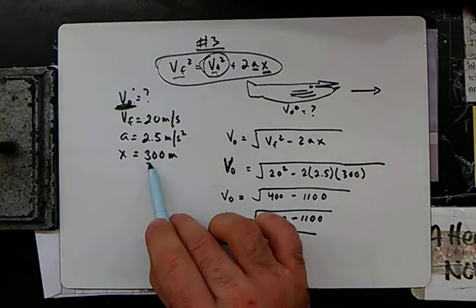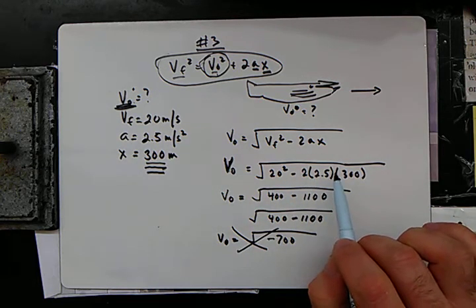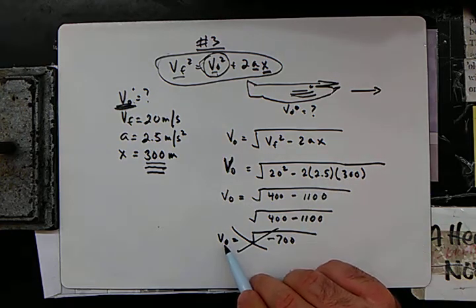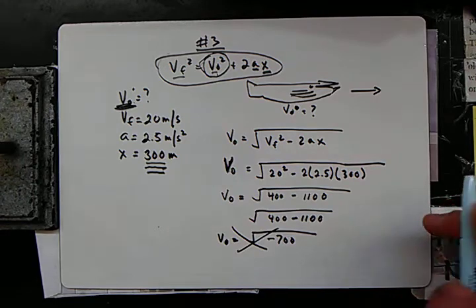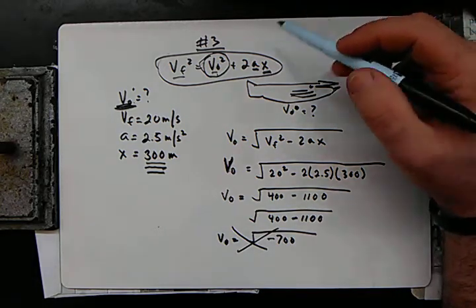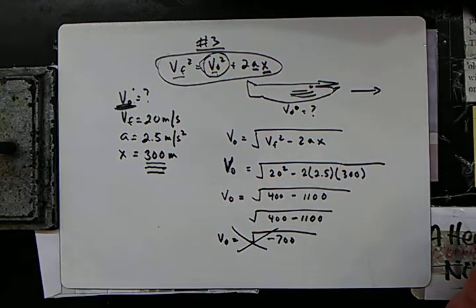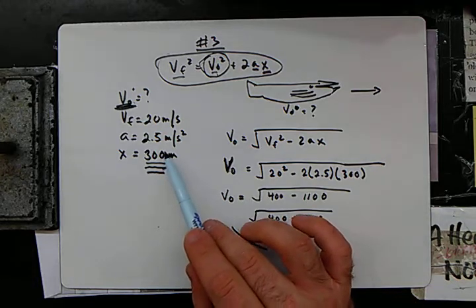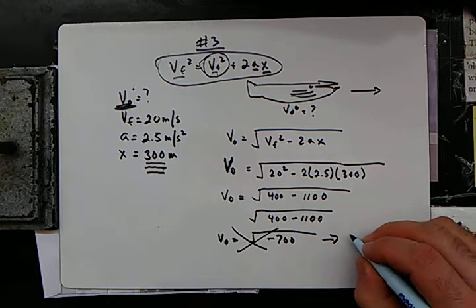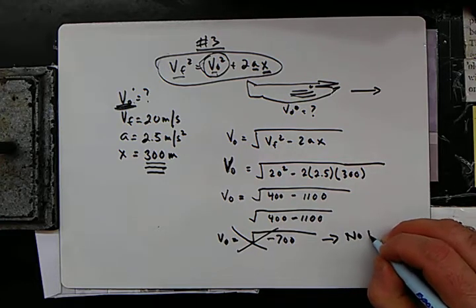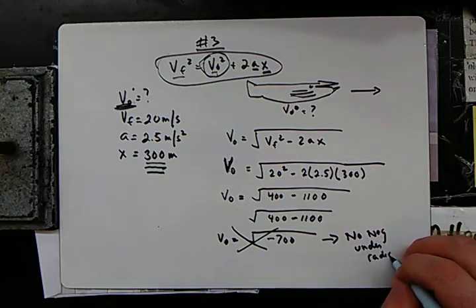This gave us a number that was too big on this side of the equation. The initial velocity was in the negative direction, and we're going to start with a velocity that's either 0 or in the positive direction. Here's a rule: there are no negatives under radicals.